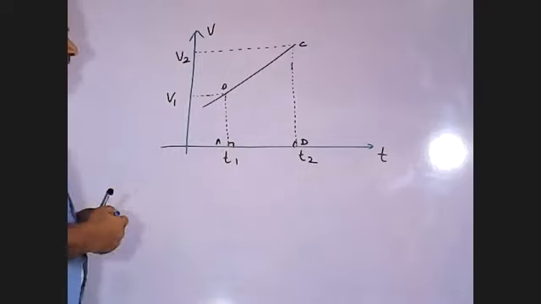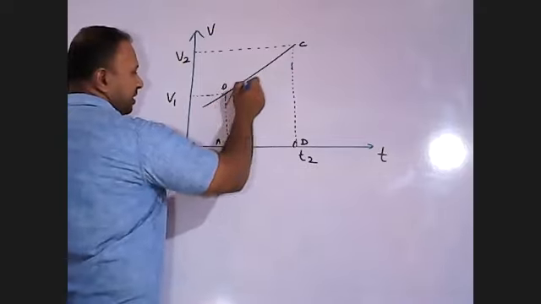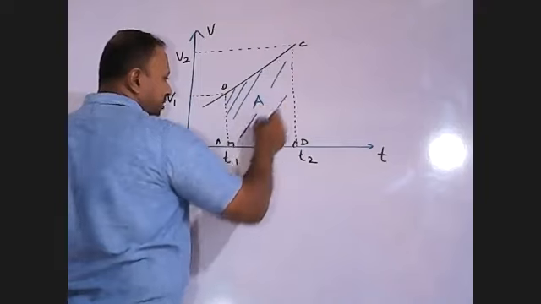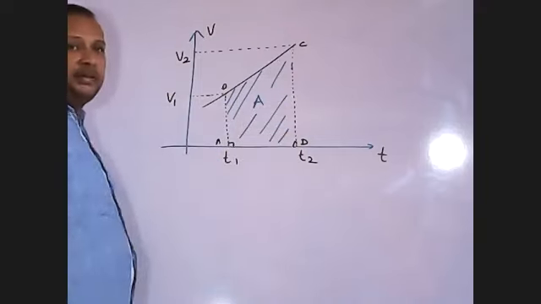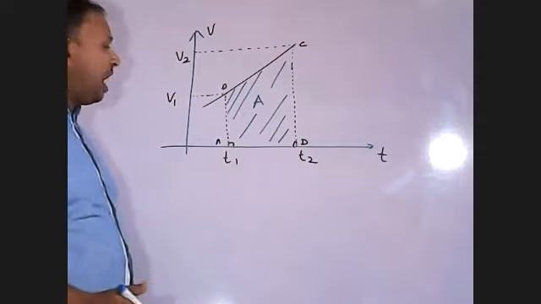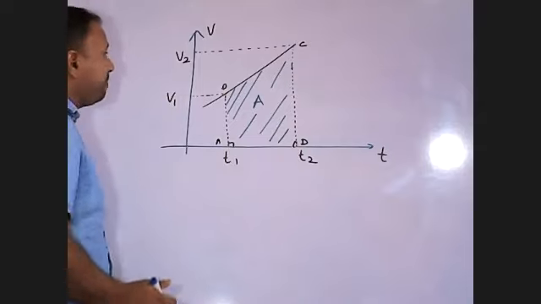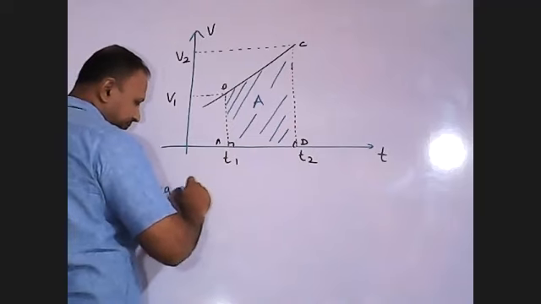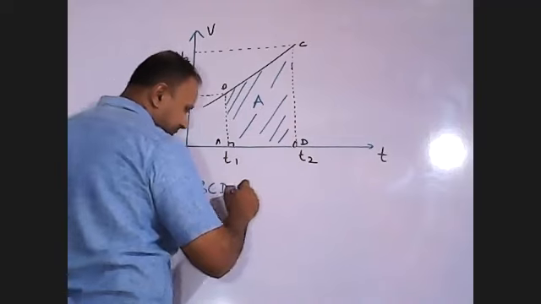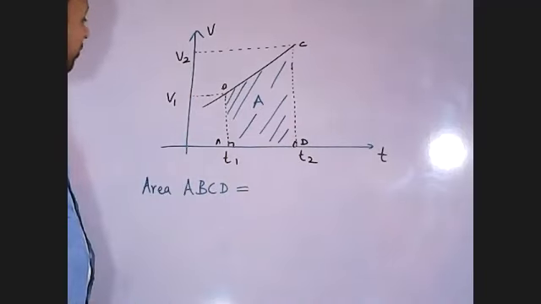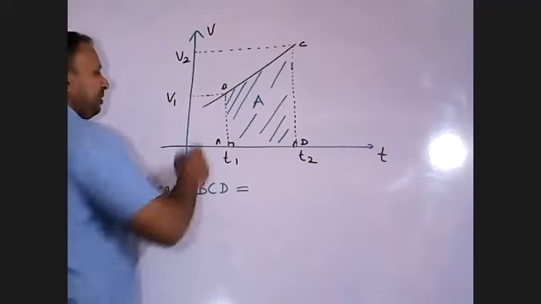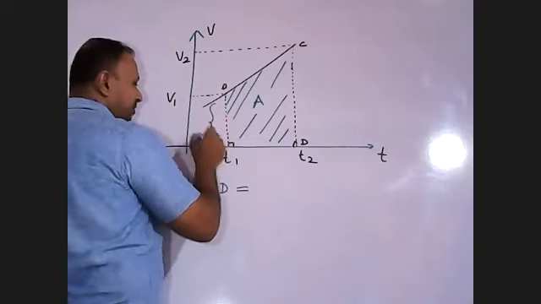Look at this one. If I consider the area of this part, this is a trapezium, no? So how do we find the area of ABCD? This length is V1.